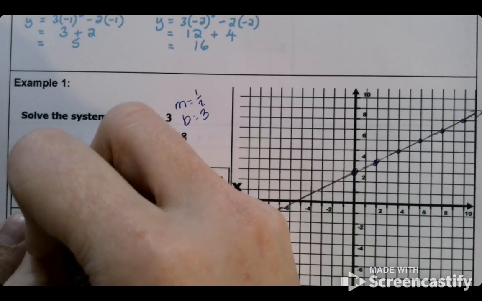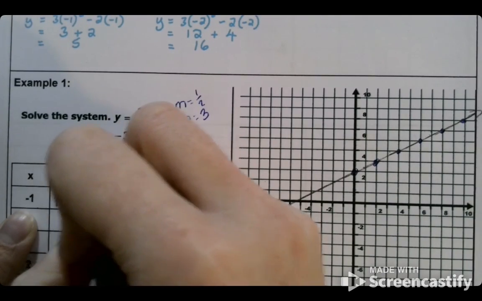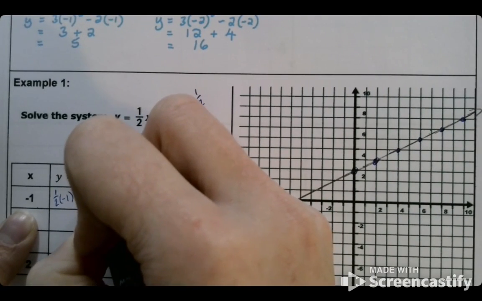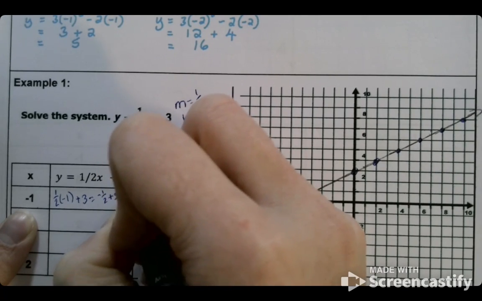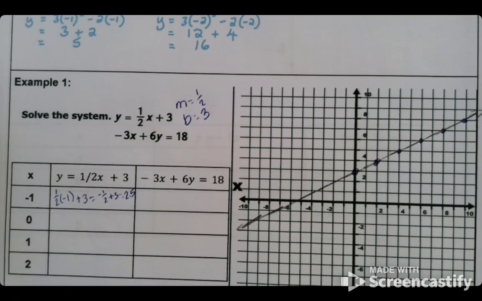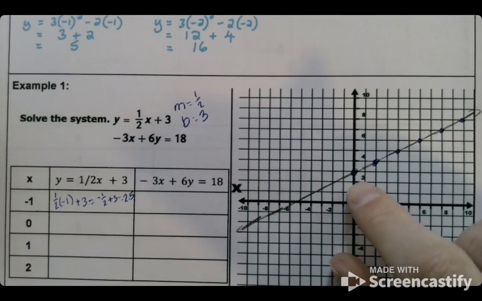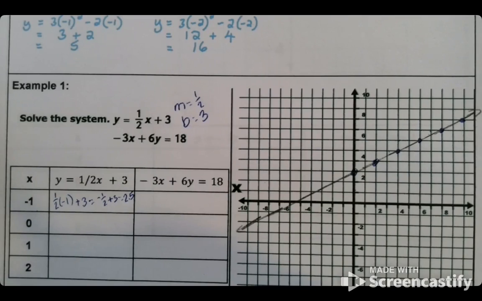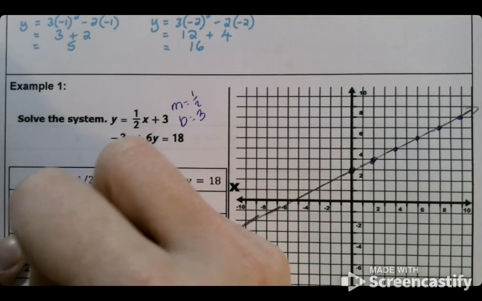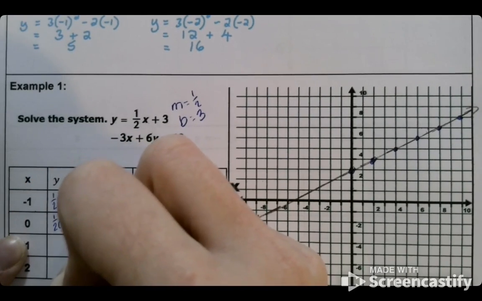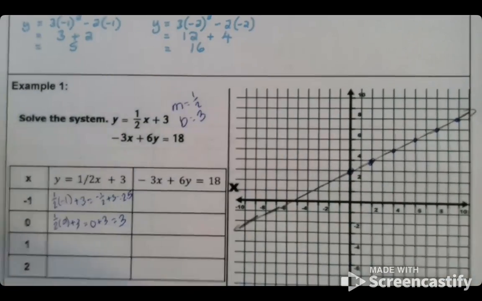Then I have 1/2 times -1 plus 3. So that's -1/2 plus 3, which is 2.5, right? So at -1, we're at 2.5. Does that make sense? How we do that? So if I plug in 0, doing the same thing, 0 plus 3, well, that's 3. We did get that point, right? So that's what we're doing.